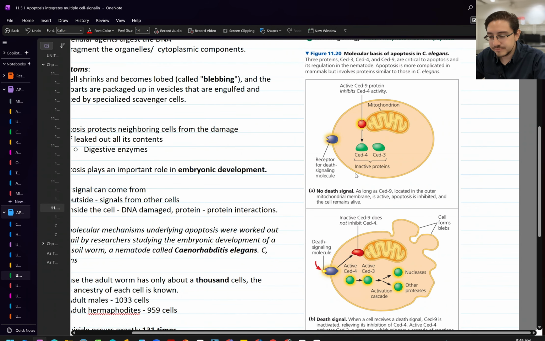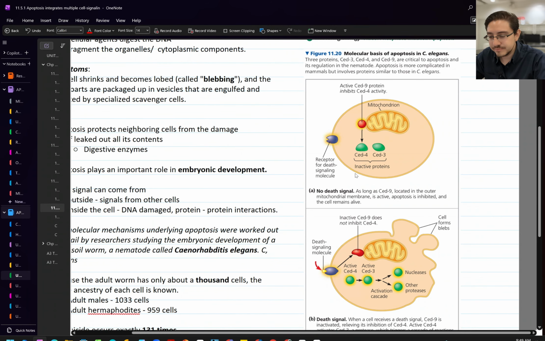But if you get a ligand coming in to activate this death receptor, CED9 becomes inactive, and then this will activate CED4 and 3 in a little cascade that will ultimately turn on the caspases, nucleases, and other proteases. Again, this is not a bad thing. The cell does require this.